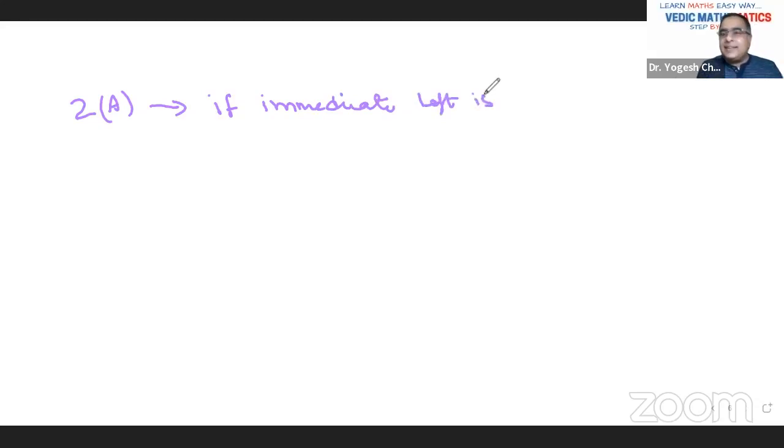Okay. Now rule number 2. Now we divide 2 into 2 parts. There are 2 options. So rule number 2A says if the immediate left is less than 5, add 1 to it.